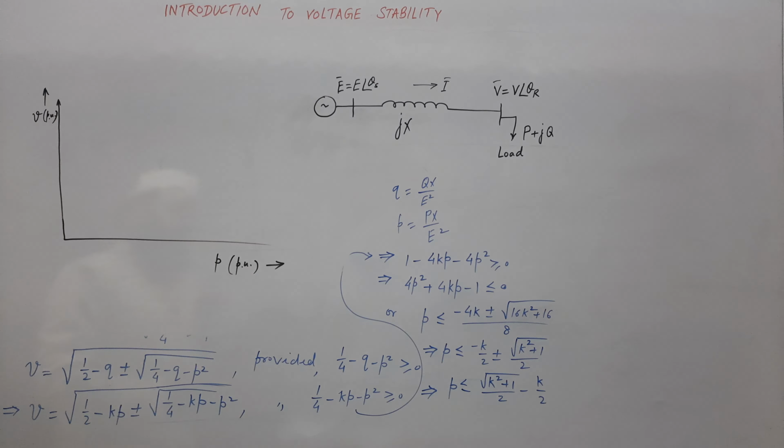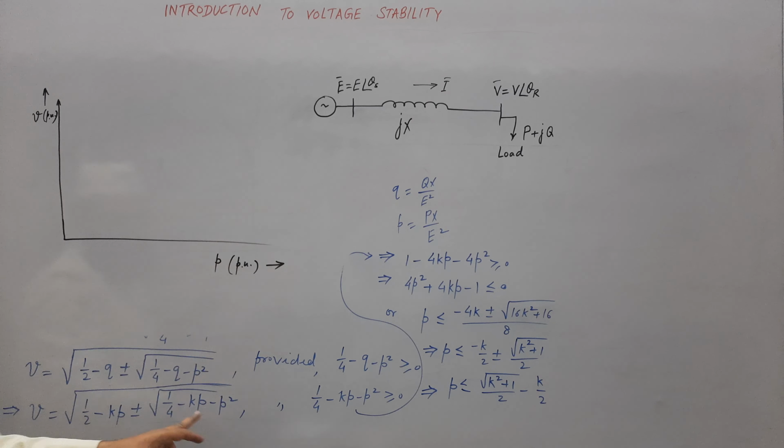So for various values of K, take any value of K. Here you may observe, for any value of K, for same active power consumed by the load P, we will have two values of V, voltage, per unit value of voltage, because corresponding to plus sign we will get one value of small v, and corresponding to minus sign we will have another value of V.